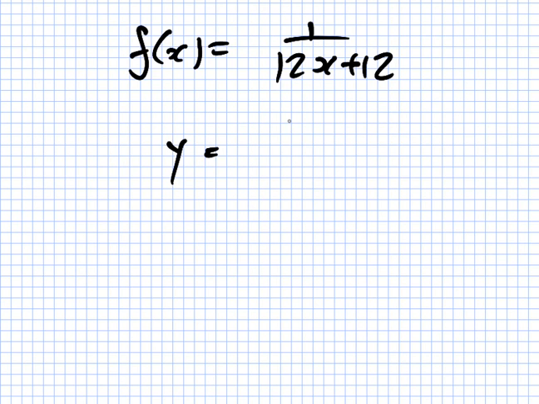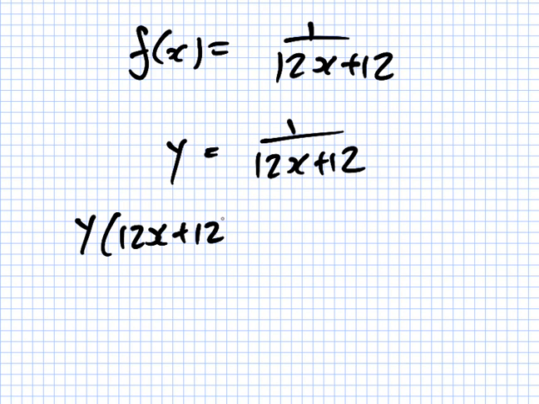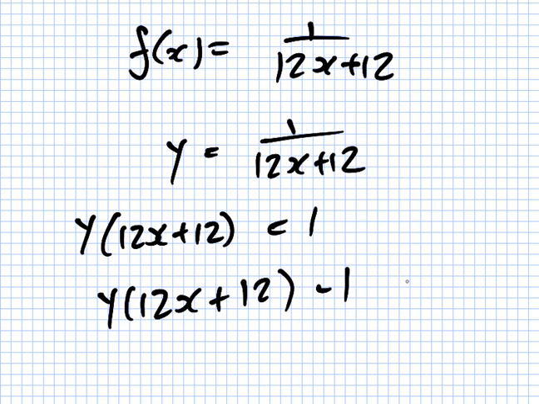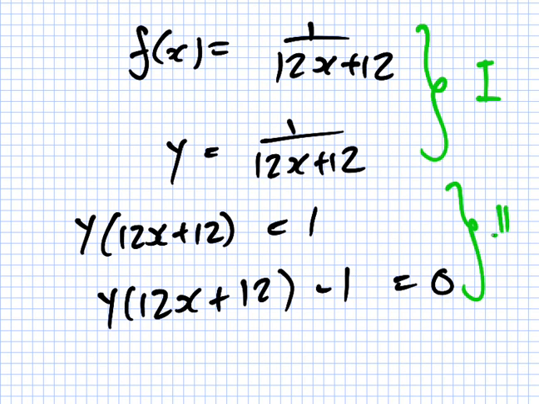So y equals 1 over 12x plus 12. Step 2 is to rearrange this so it equals 0. So if I bring it up, it looks like this. Now this is step 2, finished. So here to here, that's step 1. Here to here, that's step 2.